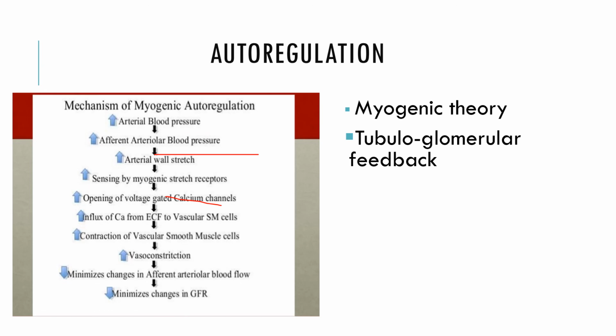In the myogenic theory, when the arterial blood pressure is raised, there will be increased afferent arteriolar blood pressure. So the arterial wall will stretch, sensed by the myogenic stretch receptors, opening voltage-gated calcium channels, with influx of calcium from extracellular fluid into the vascular smooth muscle cells, contraction of vascular smooth muscle cells, and vasoconstriction. This minimizes the changes of afferent arteriolar blood flow and minimizes the changes in GFR.